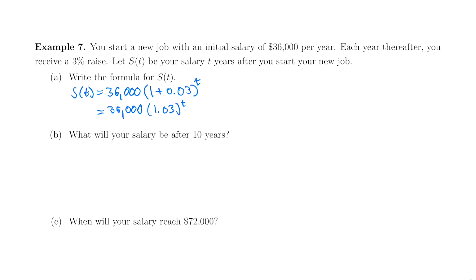Let's do an example of what that means if you're at the job for 10 years. What will you earn afterwards? Let's say that will be S of 10. We're just plugging in 10 for our variable t into our function, 36,000 times 1.03 to the 10th power.